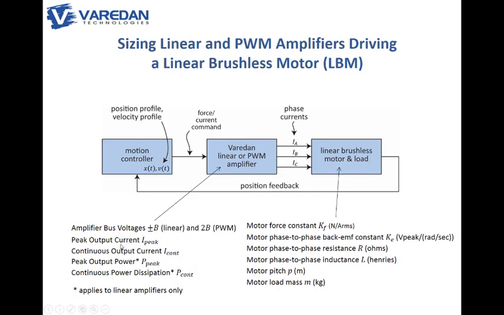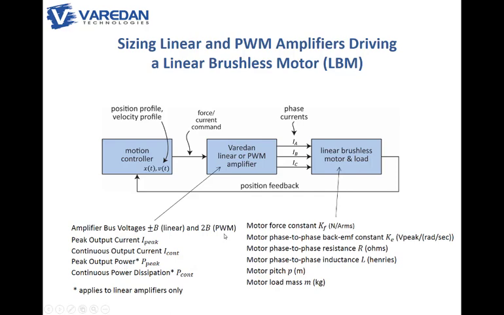The peak output current, I peak, the continuous output current, I continuous, and for linear amplifiers only, we need to compute 2 additional specifications. Those are peak output power and continuous power dissipation, and we've noted those with an asterisk, and we use the same notation in the corresponding application note to indicate that these calculations apply to linear amplifiers only.